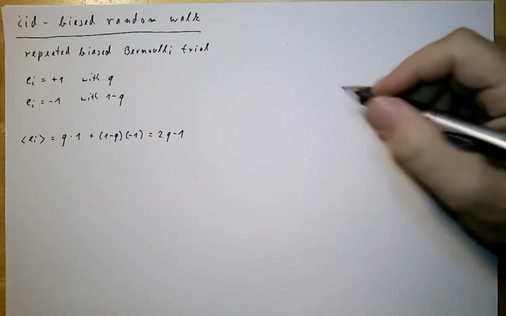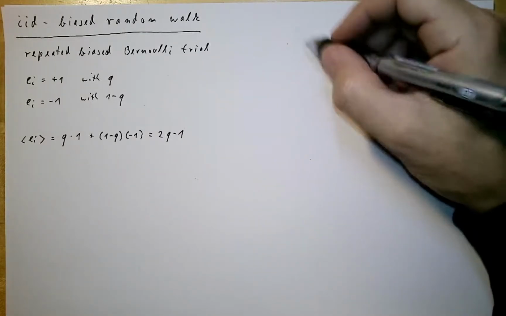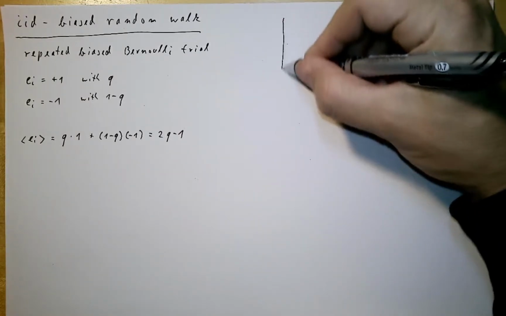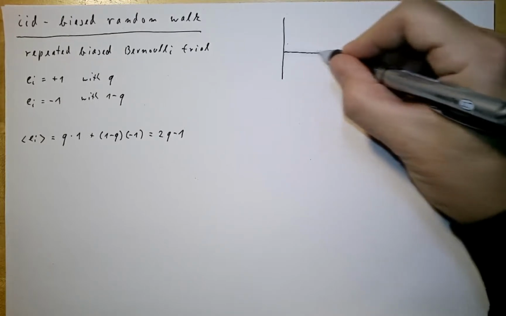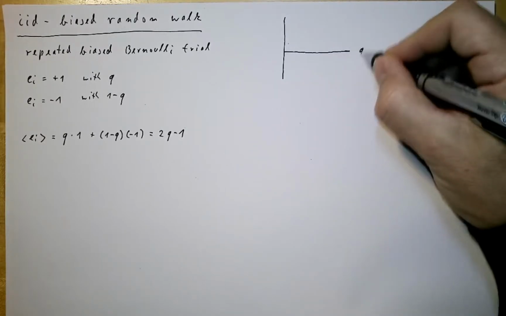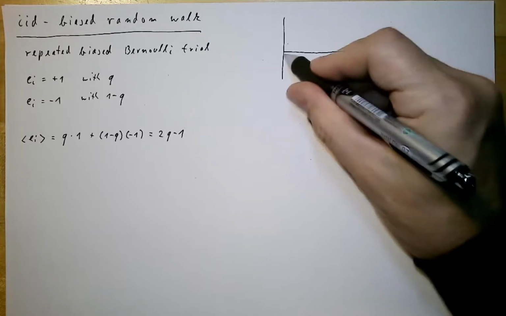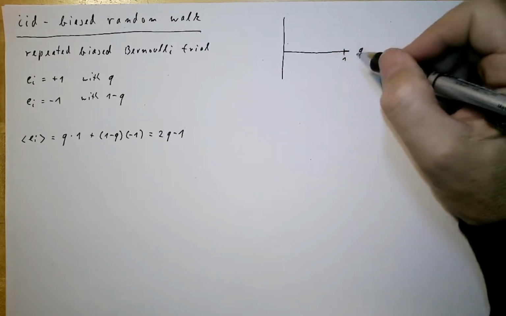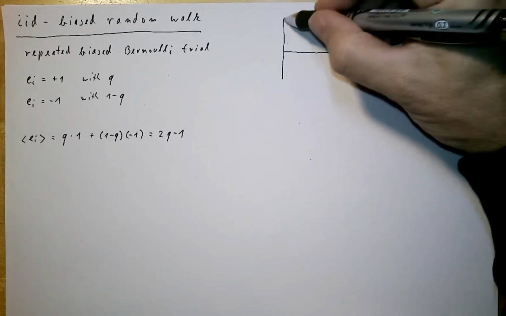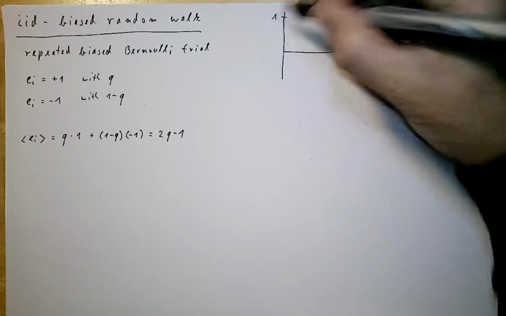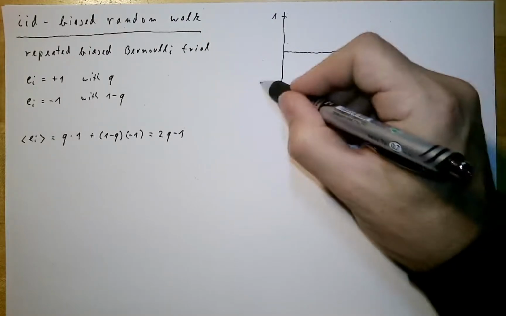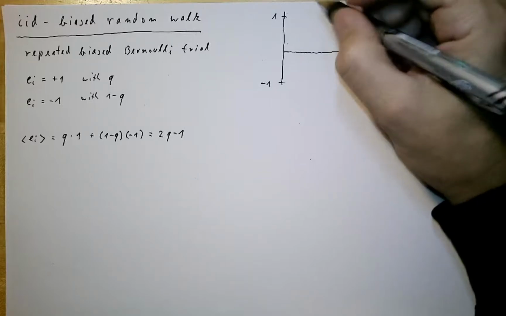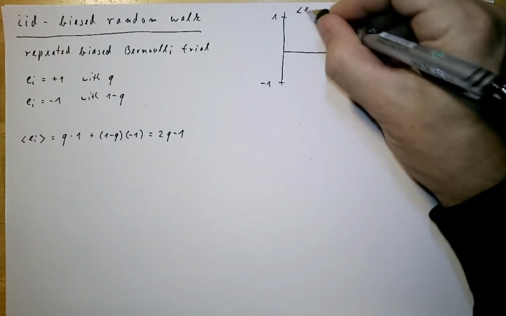From this we can make a plot where we have our parameter q, which goes from 0 to 1, and then we want to know the expectation of the increments.